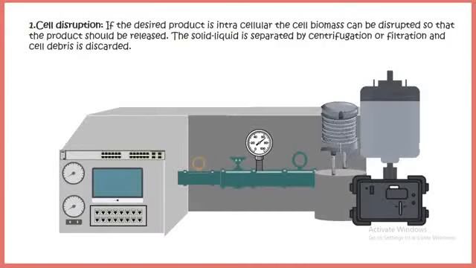Now coming to an intracellular product such as an enzyme. Let's say this enzyme is important for your biological research. In order to get the enzyme, you have to disrupt the cell, and you need a cell disruption system. There are huge industrial grade pistons which break apart the cell by mechanical shearing and get all this product out in the solution.